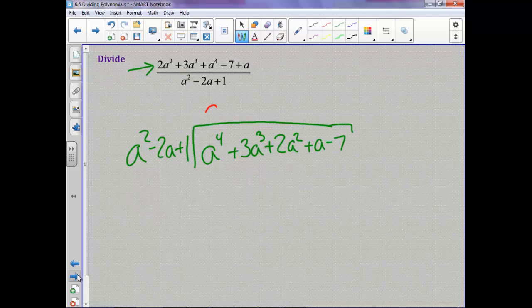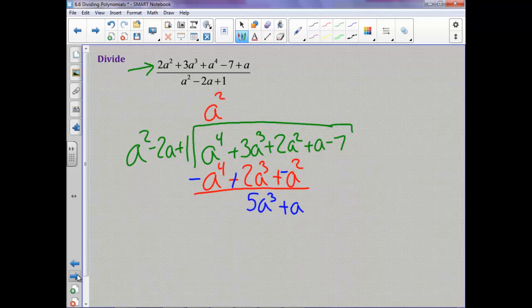So we'll need to multiply this first one by a squared. And when we subtract, we'll now have 5a cubed plus a squared plus a, which means we need to multiply by a positive 5a.